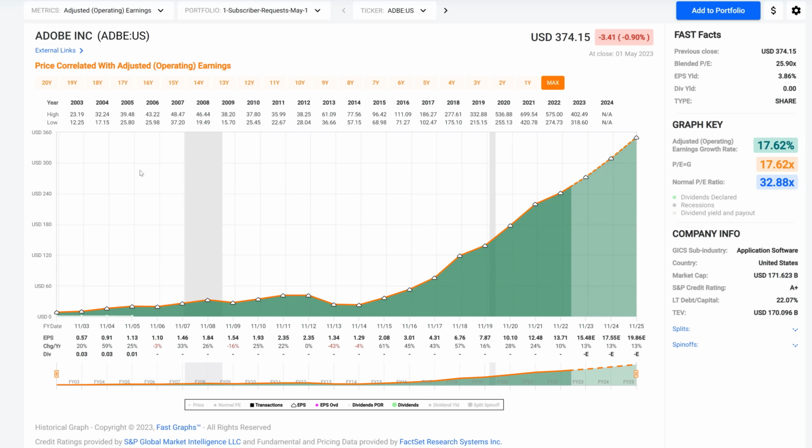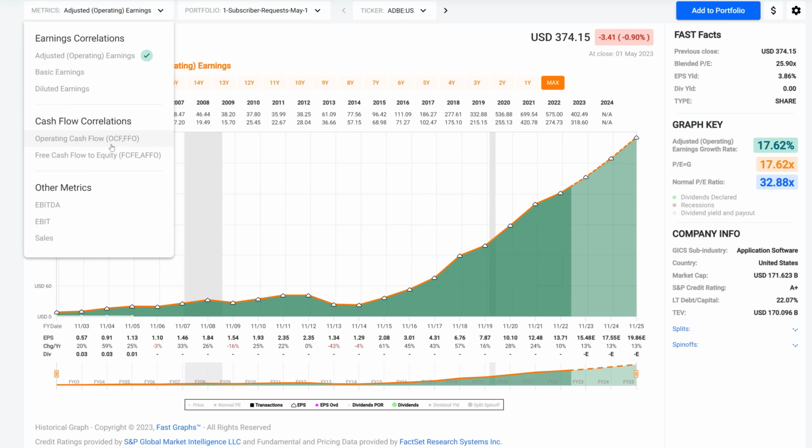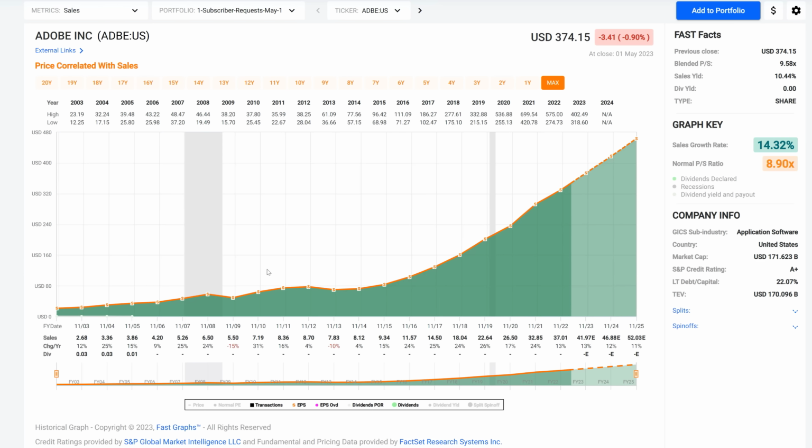Adjusted operating earnings, as well as some of the other metrics, such as operating cash flows, free cash flows, earnings before interest, taxes, depreciation and amortization, or EBITDA, EBIT, and even sales, will often also give you some very strong insights into the company.